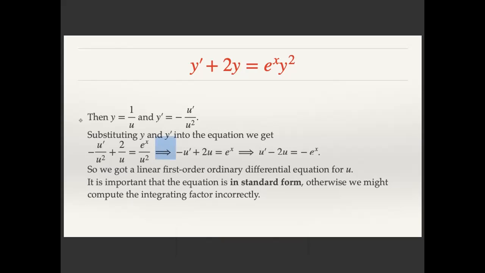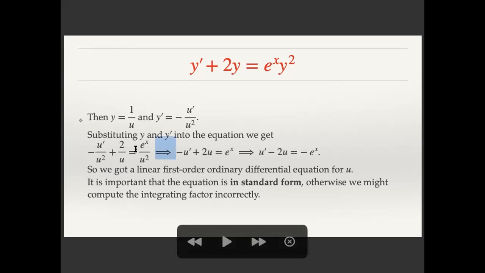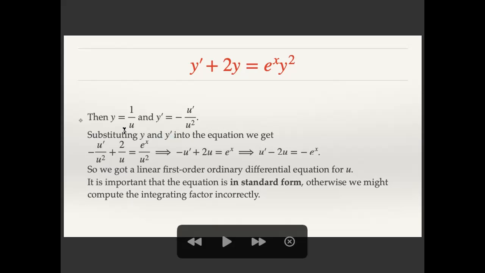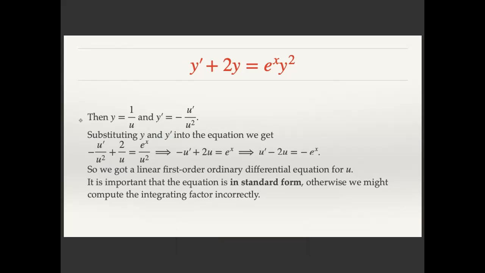And then when we multiply the equation by u squared, it's not an equivalence that goes both ways. So we should always be able to multiply by u squared, but we should not always be able to divide again by u squared in order to get back to the original equation, because u could be 0. However, this consideration does not apply here, because we defined u to be 1 over y, and 1 over y can never be 0. So whatever, this is just an aside.